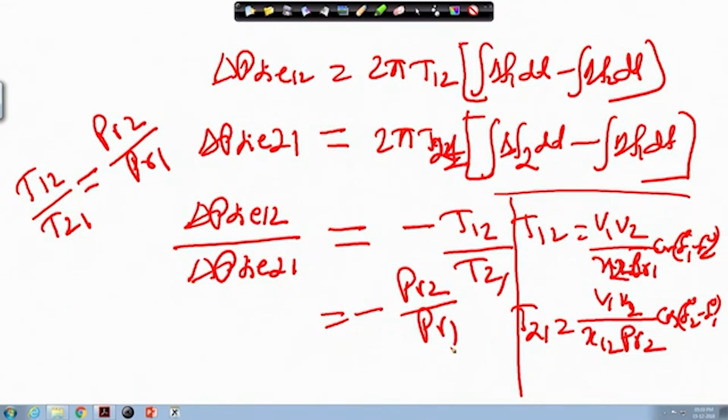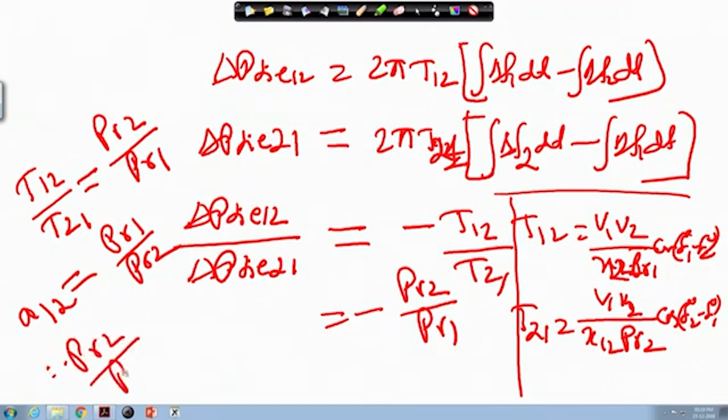Now, you define A12, that is we call area capacity ratio. A12 is equal to, you define P_r1 by P_r2, right. Therefore, P_r2 by P_r1 will be 1 upon A12. So, here it will be actually minus 1 upon A12.